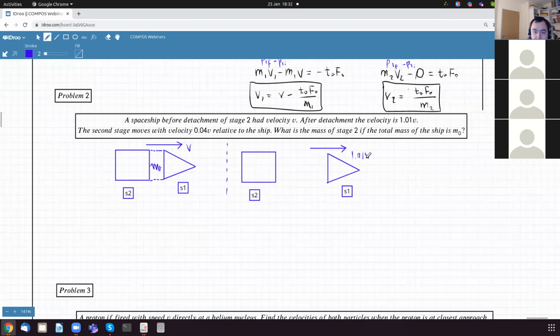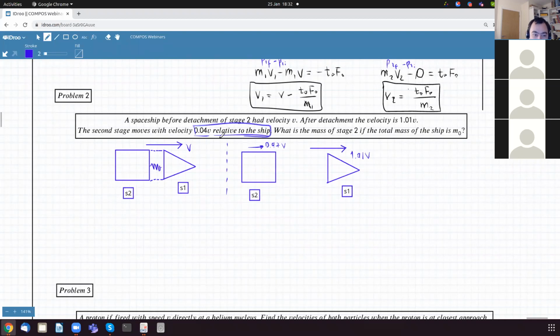And the second stage moves with velocity v relative to the ship, relative to the front, to the first stage, basically. That means that the velocity is 1.01 minus 0.04, so 0.97 v, relative to the ship.